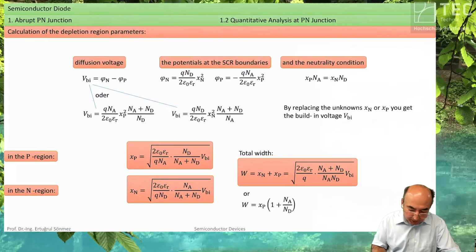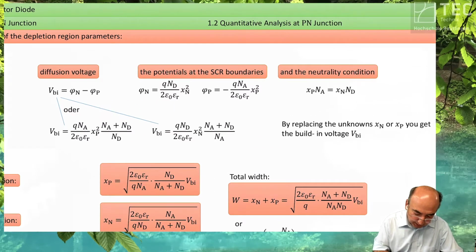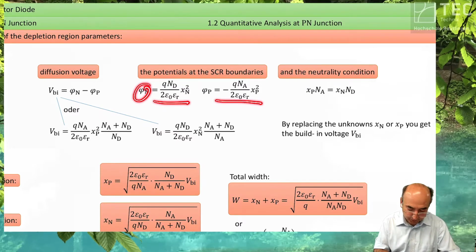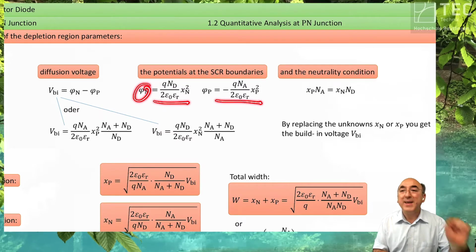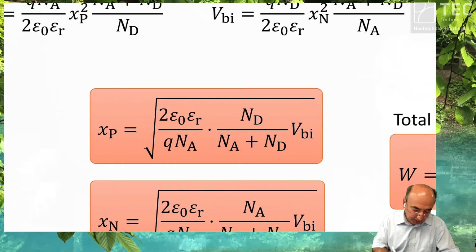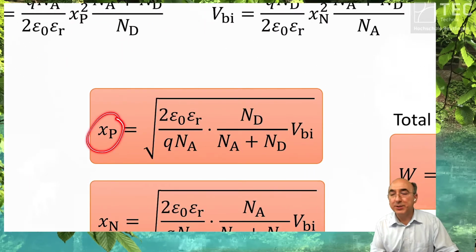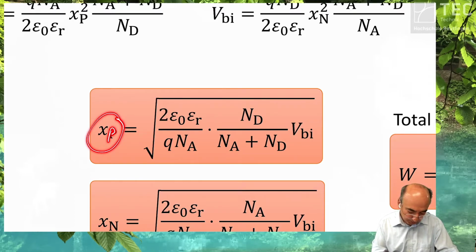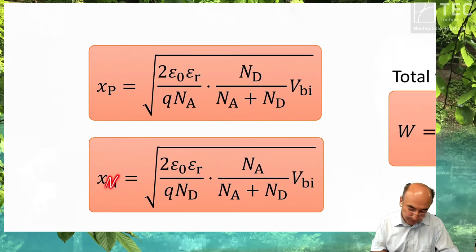Then we know that the potentials at the boundaries have these values. Okay, and we know that this relation needs to be kept constant. Well, okay, if we use all these equations, we can calculate the penetration of the space charge region into the P zone and into the N zone.